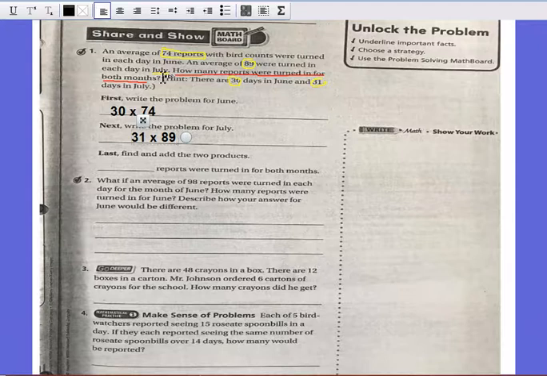Okay, so then what are we going to do to find the two products? So I'm going to come over here and write what 30 times 74 is. I'm just doing that to be quicker. 2,220, and then for July, 31 times 89.